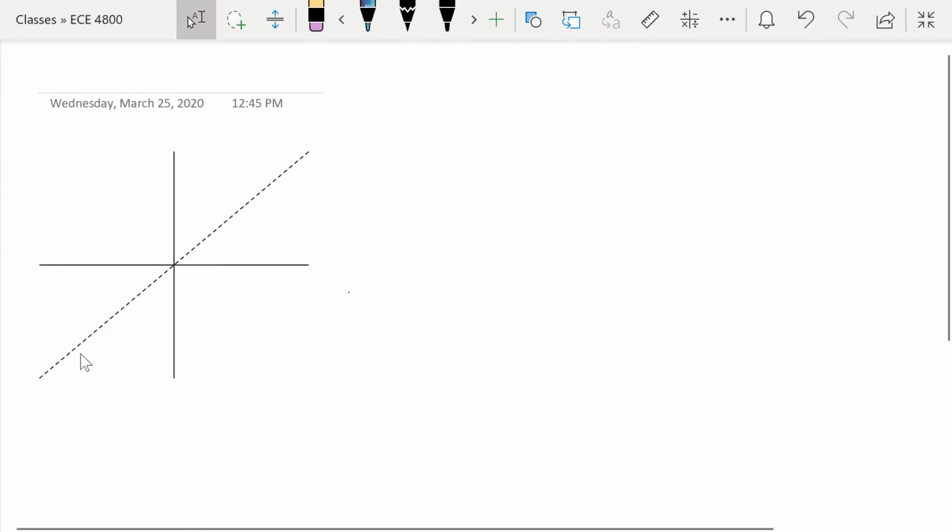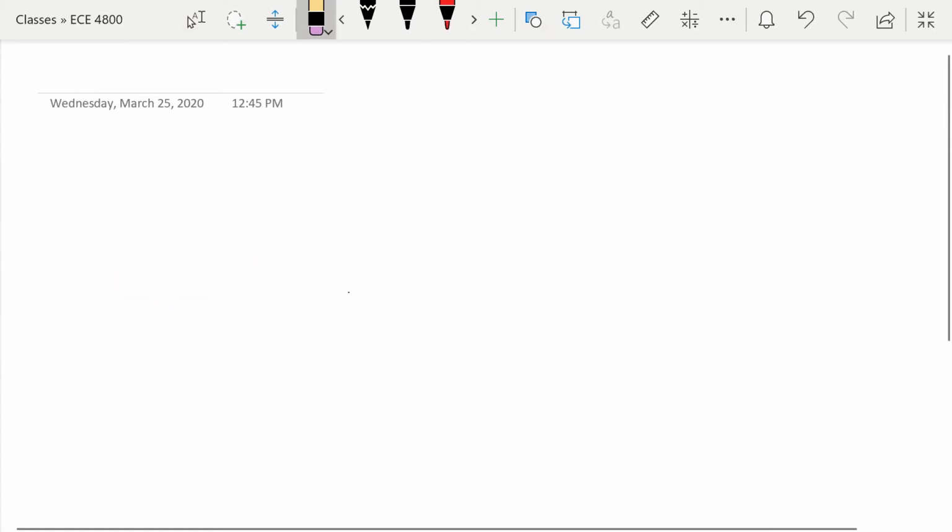The x-axis, of course, is this one here. So let's draw a disk of charge. So imagine that we have a disk here like this. Of course, my drawing is terrible.